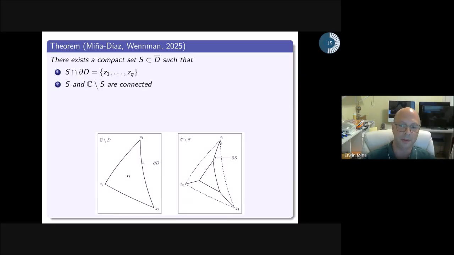So both the set S and the complement of it are connected sets.